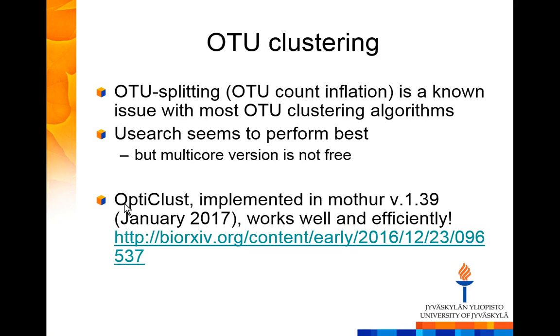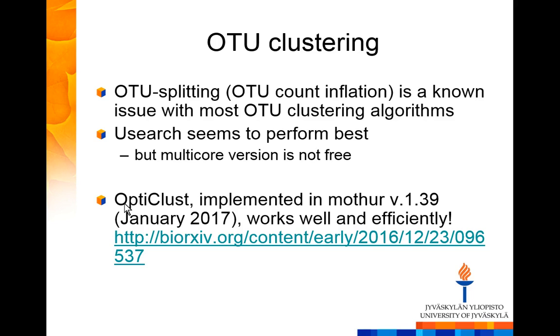But in the most recent version of Mothur from this year, they have implemented a new clustering tool called OptiClust that, at least according to the publication, works really nicely. And also in my experience, based on the short experience that I now have with it, it seems to give fewer OTUs than the older clustering algorithms.